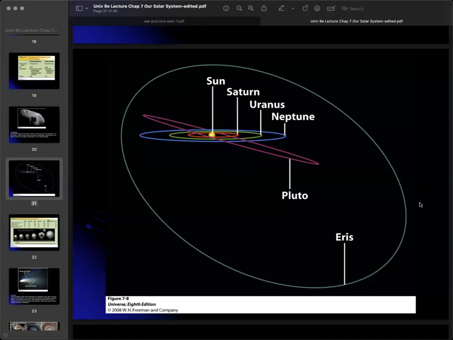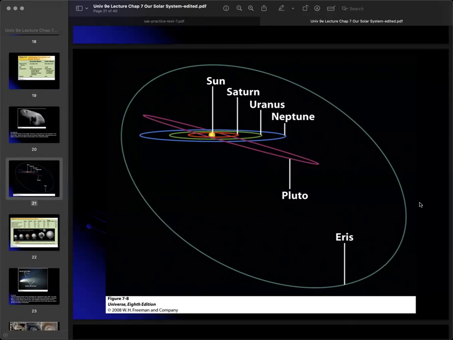However, the condition that Pluto doesn't satisfy is dominating its neighborhood. First of all, Pluto has 4 moons, and one of its moons, Charon, is actually half the diameter of Pluto. So Pluto is not significantly bigger than its moons. So it doesn't quite dominate its neighborhood.